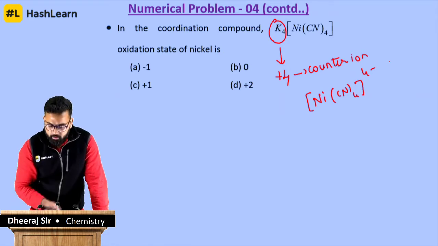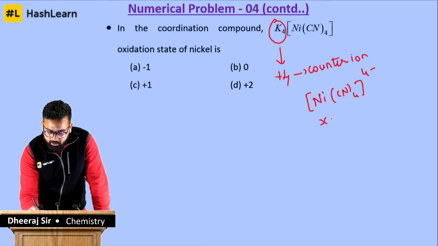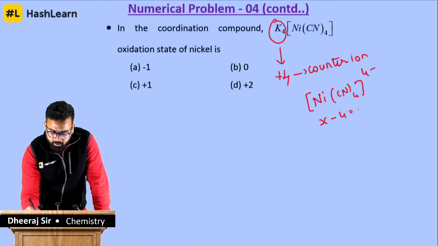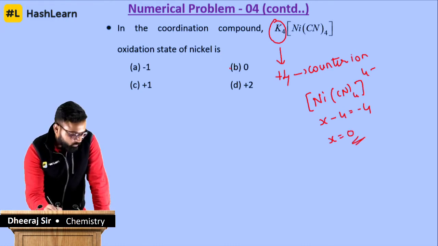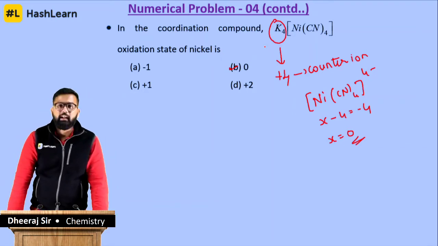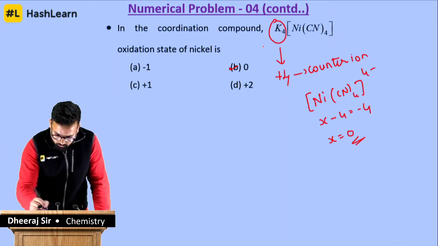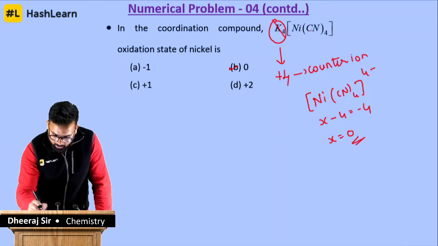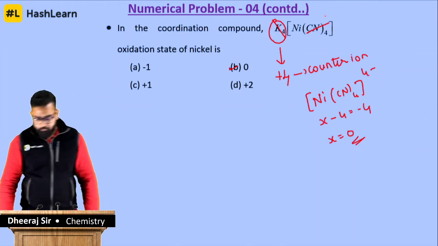Therefore, take the algebraic sum. Nickel x, cyanide is minus 1 into 4, so x minus 4 is equal to minus 4. Therefore, x has to be equal to 0, which is option B. So Peru and Sakshi Pandey were able to give us the right answer. Guys, it's again pretty straightforward. If you don't want to do it so much, there's plus 4 outside and there's minus 4 inside, therefore the charge on nickel has to be 0.